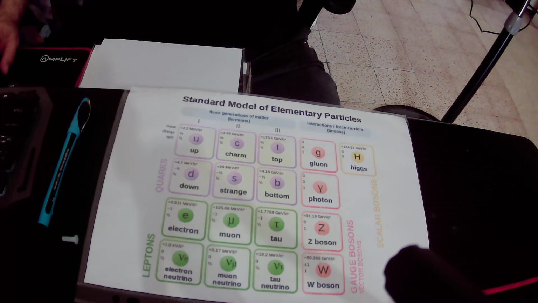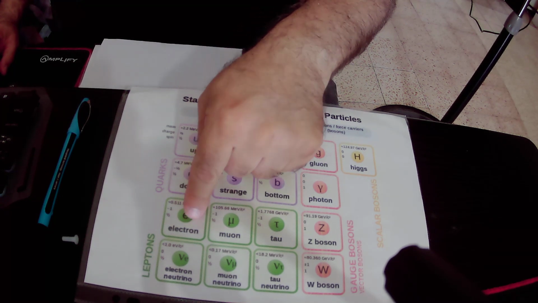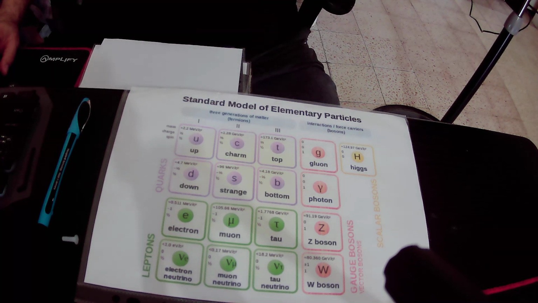For example, the antiparticle of the electron is the positron, which has positive charge, whereas the electron has negative charge.